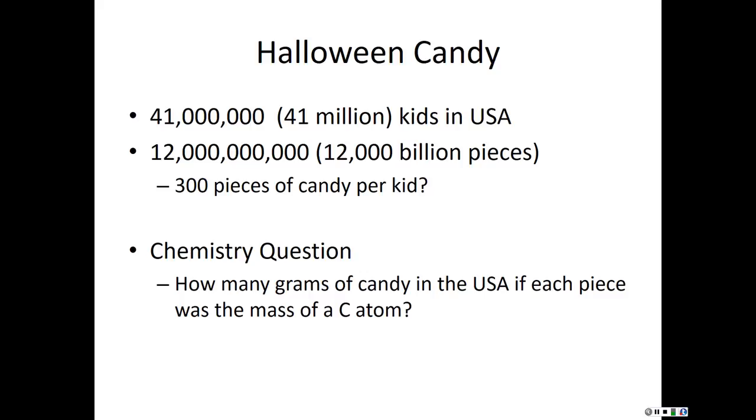So that's how many grams you would have if every piece of Halloween candy handed out last night in the US was converted to an atom of carbon. So that's obviously very, very small. That's going to be 0.000000000000024. Very, very, very small mass.